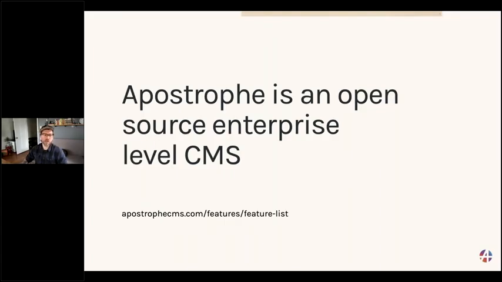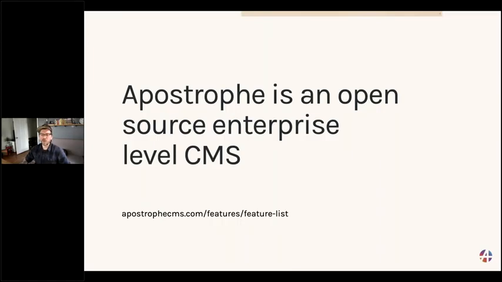Some of the main features of Apostrophe are it has in-context editing with drag and drop reordering. I know if you've used newer versions of WordPress with Gutenberg, it's kind of similar to this, but we were doing it way before. There's also a built-in image and file library and extensible content types called pieces in Apostrophe. It's also completely customizable.